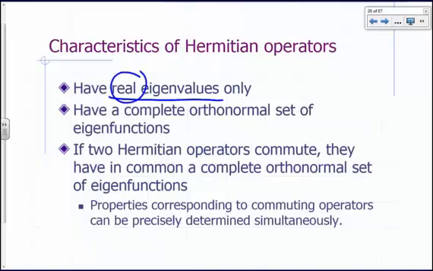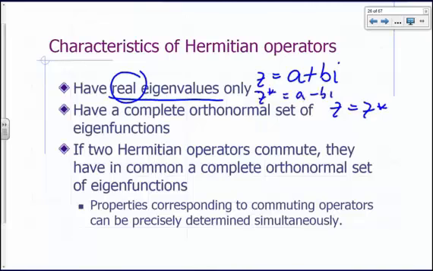So if you have a complex number, when can it be real? When can z be equal to z star? Well, what is z star? It's a minus bi. So z is equal to z star if the imaginary component is 0. In other words, you have a real number.